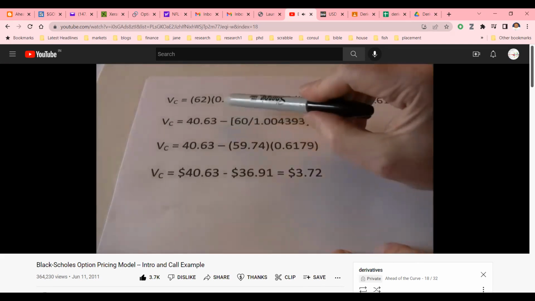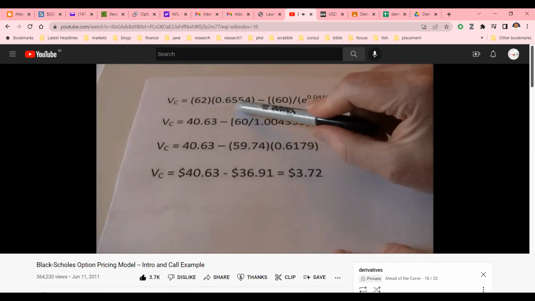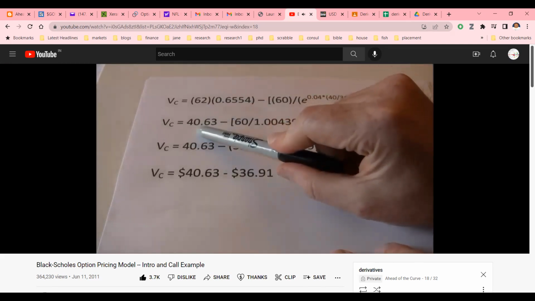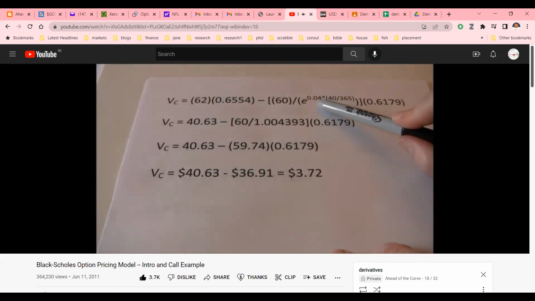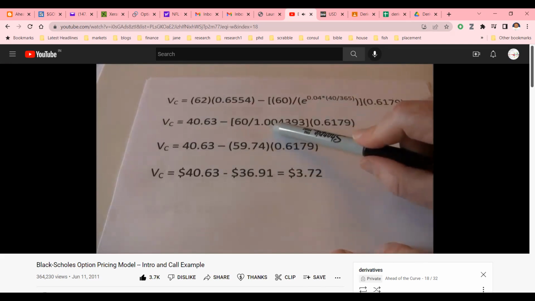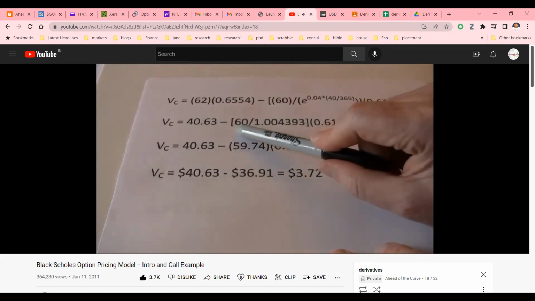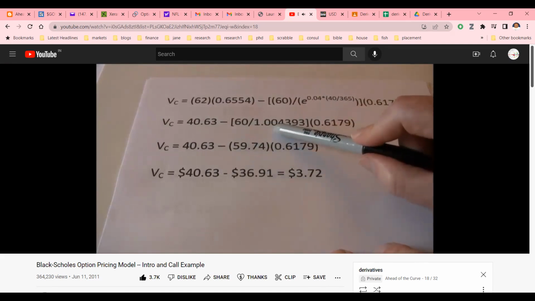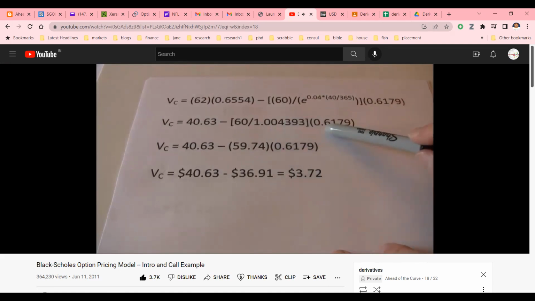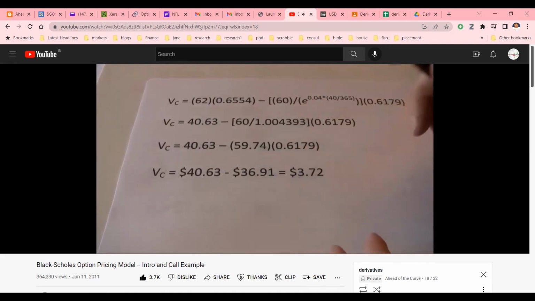Go through the calculations. 62 times 0.6554 is 40.63. Our exponential is 1.004393. So 60 divided by 1.004393, times 0.6179, gives us 36.91, or 59.74 for the present value.